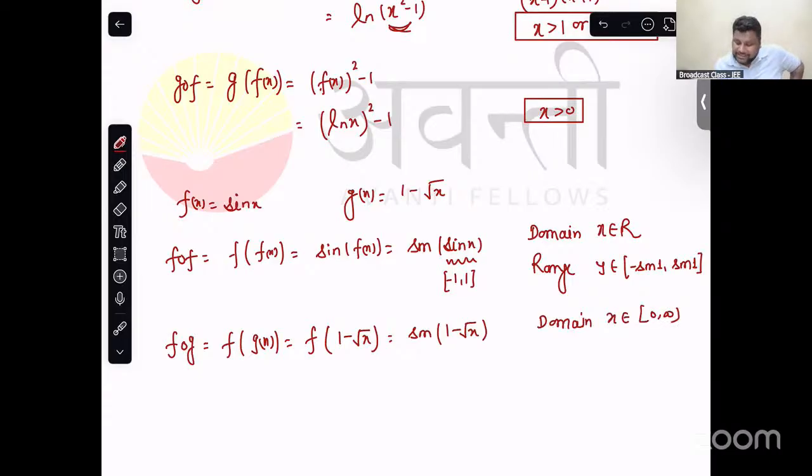Now, if x belongs to 0 to infinity, this value will lie from minus infinity to 1. Now, if these many values go to sine, you will get everything which sine can provide, that is minus 1 to 1. So, in that case, the range is y belongs to minus 1 to 1.